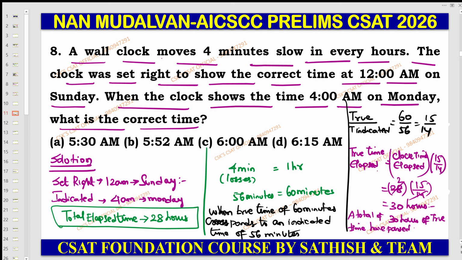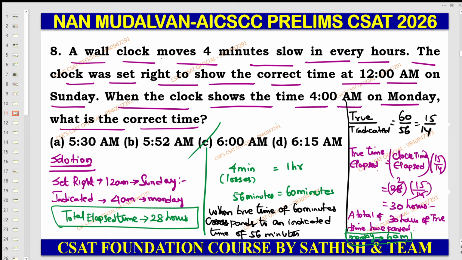Now please try to understand: from that 12, you calculate 30 hours. 12 a.m. Sunday to Monday 12 a.m., what would happen? 24 hours, right? So till Monday, 24 hours goes, means 12 a.m. Another 6 hours you have to add up. So therefore, Monday 6 a.m. The answer here is Monday 6 a.m.